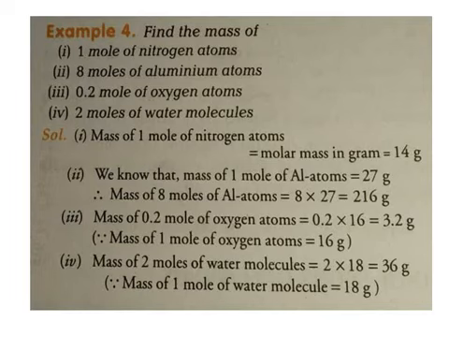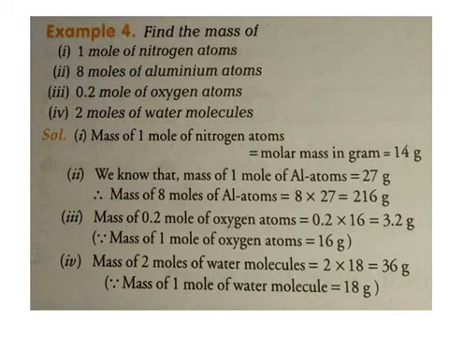Then second one, 8 moles of aluminum atoms. So we know that mass of 1 mole of aluminum atoms is equal to 27 grams. So for 8 moles, we have to multiply 27 with 8, it will come to 216 grams. Then third one, mass of 0.2 moles of oxygen atoms.